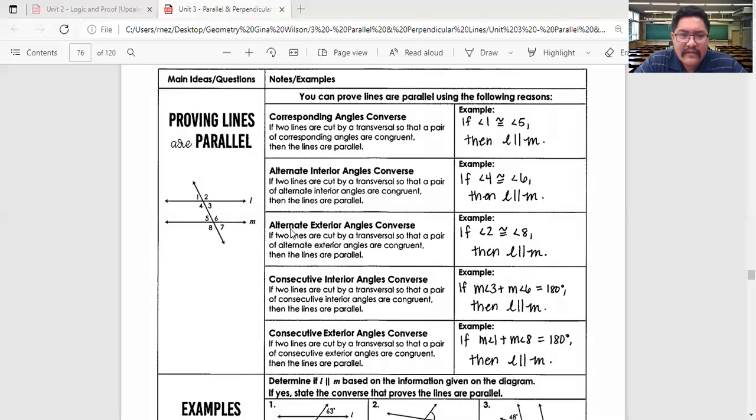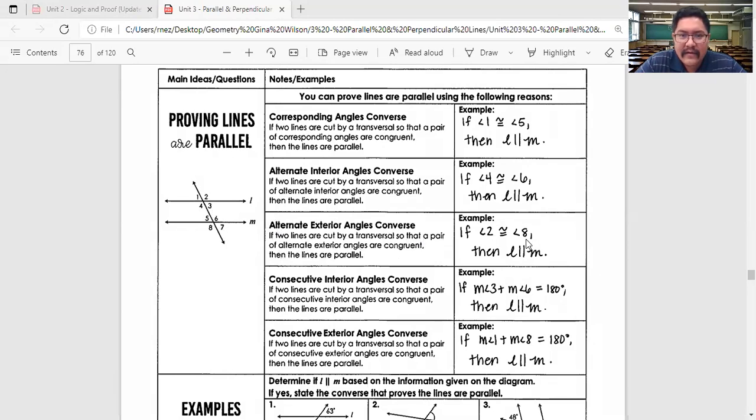So next one here, alternate exterior angles converse. If two lines are cut by a transversal so that a pair of alternate exterior angles are congruent, then the lines are parallel. So again, remember, alternate means separate sides of the transversal. Exterior means on the outside of those parallel lines. In this case, it'd be like 1, 2, 8, and 7.